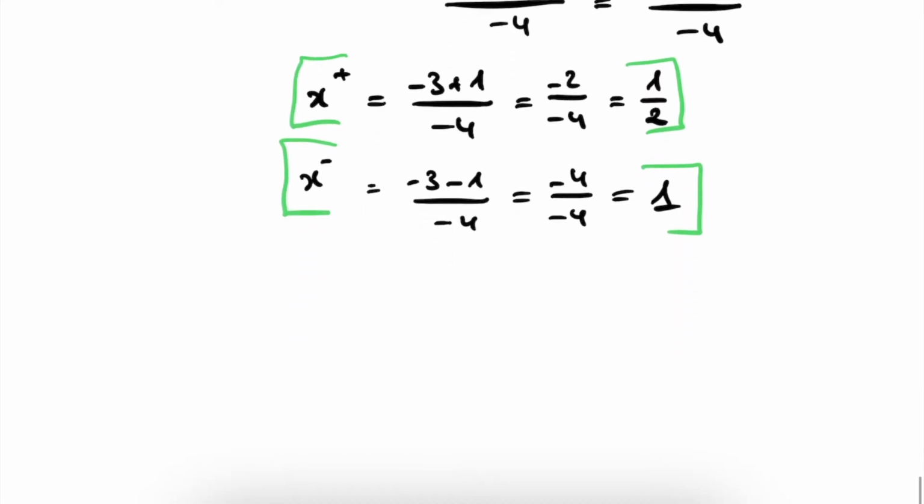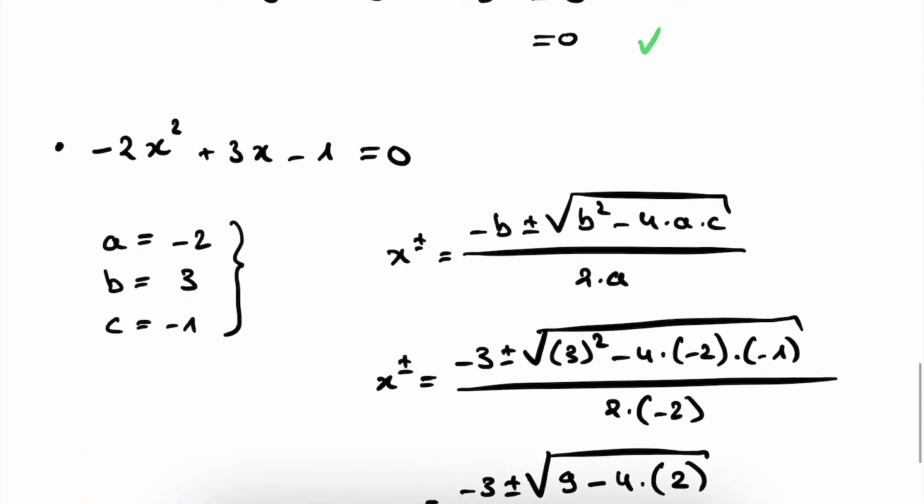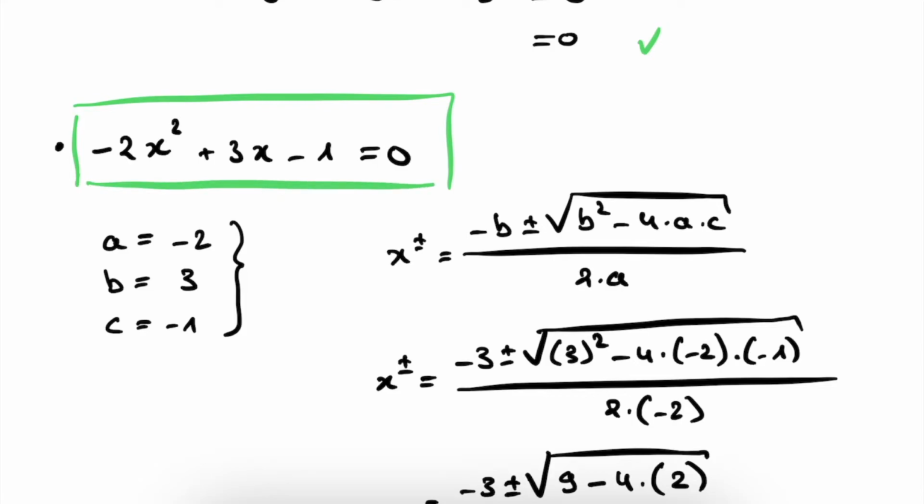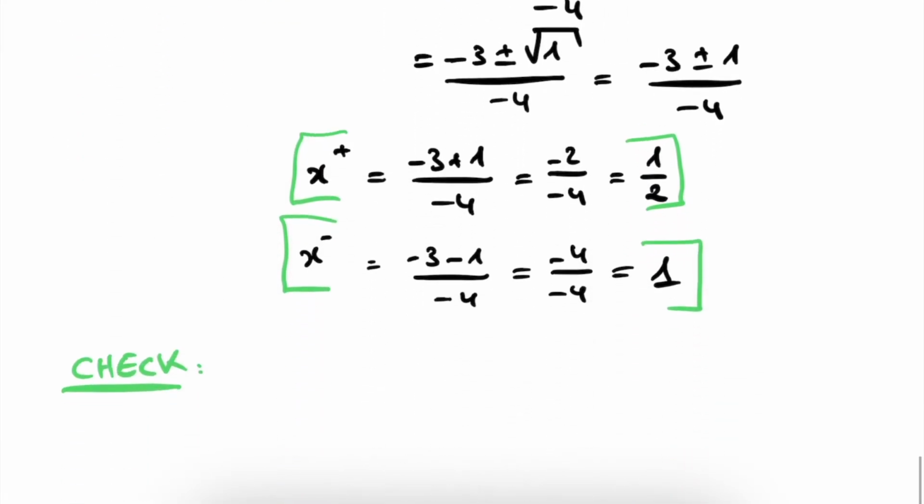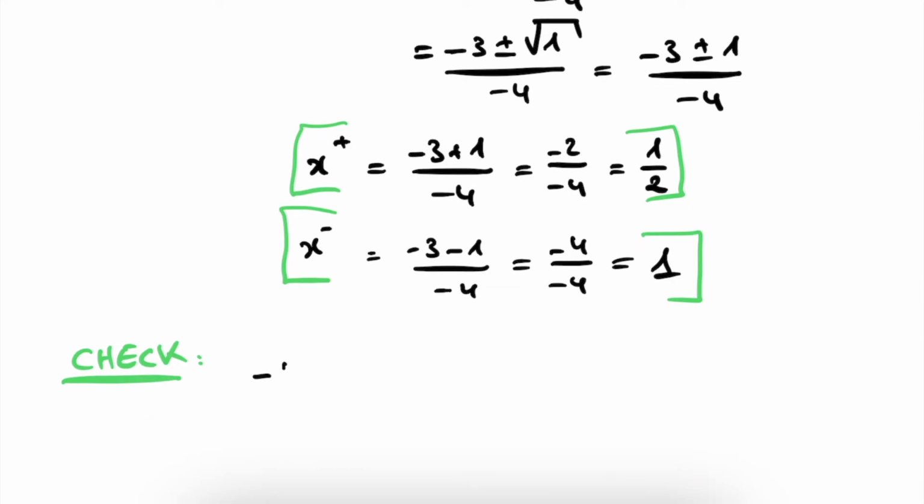And again, let's check if we didn't make any mistakes by filling our solutions in our original equation. So what if we fill this in now? We have minus 2 times x squared. So that's minus 2 times, and x in this case is 1/2, so 1/2 squared.